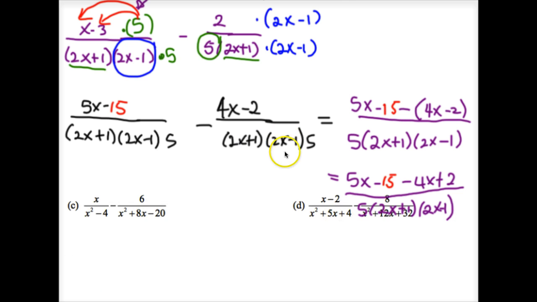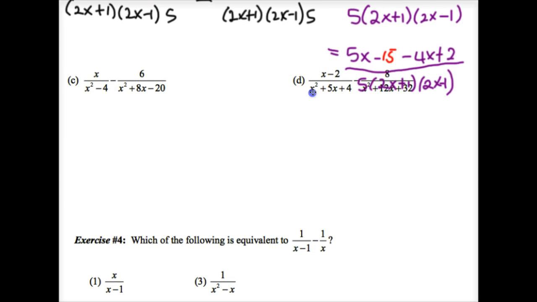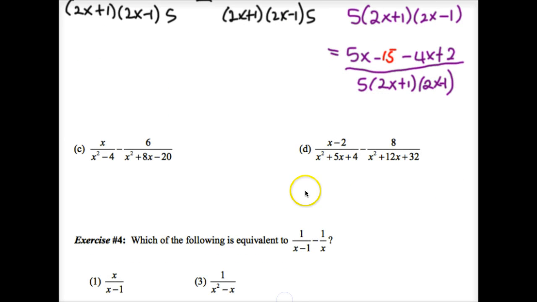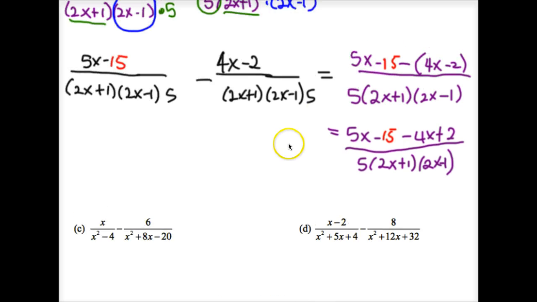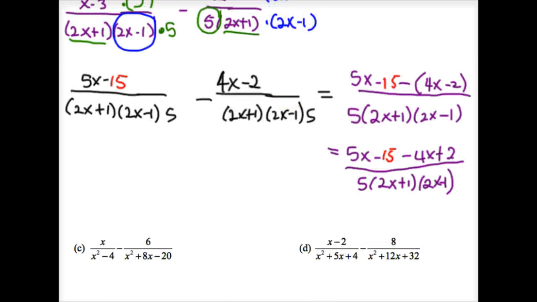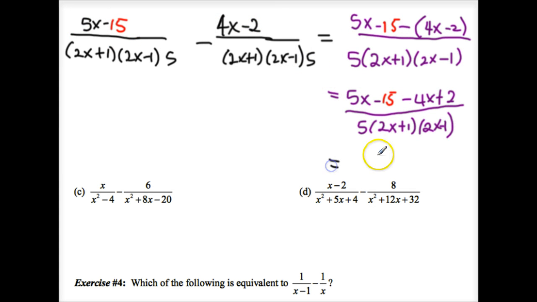This is a long question. Plus we have a Regents question at the bottom. So my last and final step is just to simplify this, combining my like terms. This becomes, what's 5x take away 4x? This becomes 1x by itself, and then this becomes what?